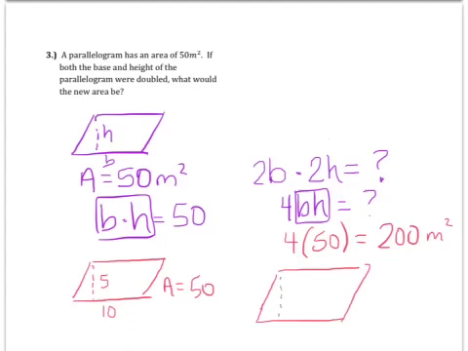So let's make this base 20 because it's twice as big, and the height twice as big as the other one, so that would be 10. So here the area would be 10 times 20, or 200. So you can see how it works if I actually knew what the base and height were. You would still get 200 meters squared.